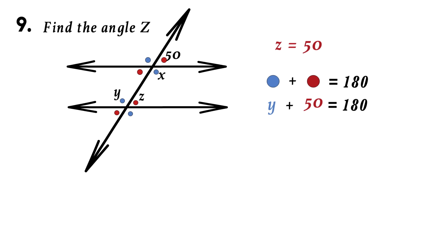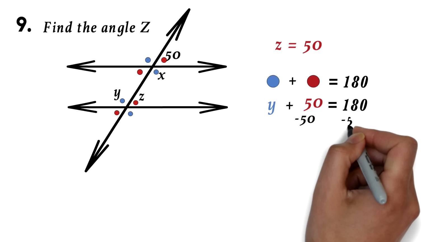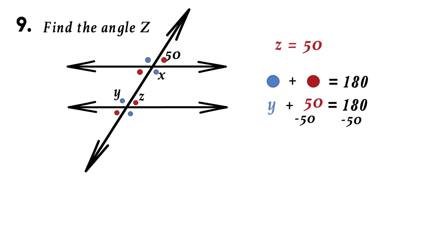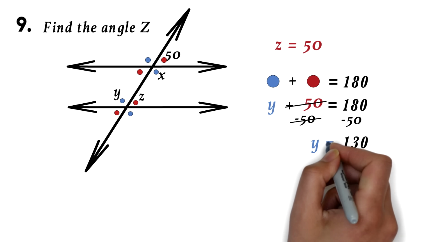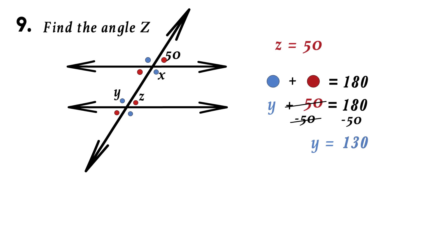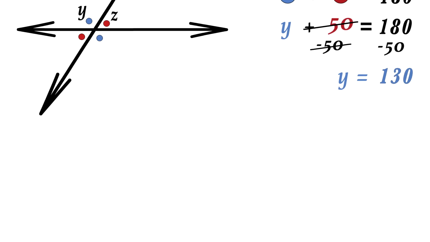We solve for y. One-step equation. Since the 50 is adding, we will subtract 50 from both sides. These will cancel out. 180 minus 50 will be 130. Therefore, angle y will be 130 degrees. All the angles with blue dots will be 130 degrees. Let's look at our next question.